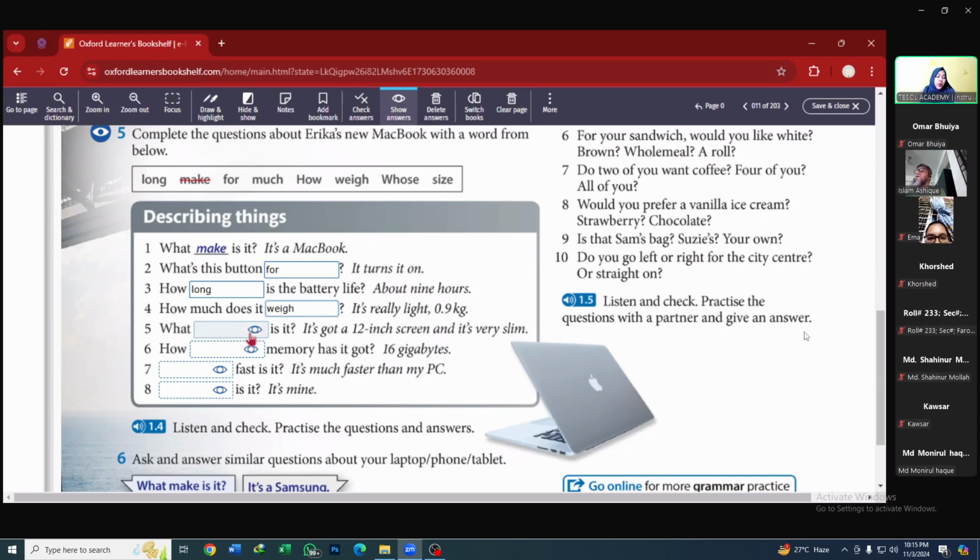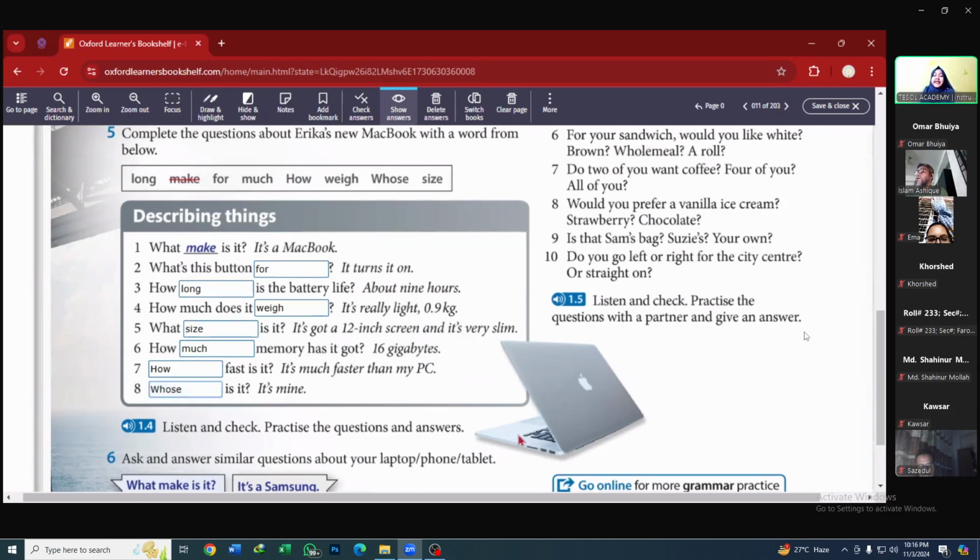Number 5, what size is it? It's got a 12-inch screen and it's very slim. Number 6, how much memory has it got? 16 gigabytes. Number 7, how fast is it? It's much faster than my PC. Number 8, whose is it? It's mine.